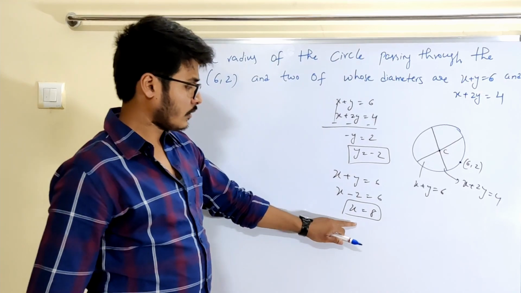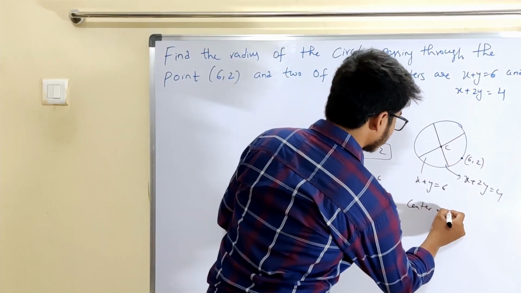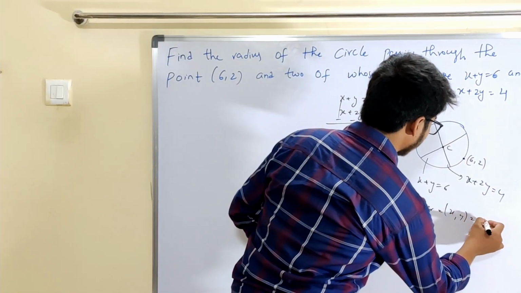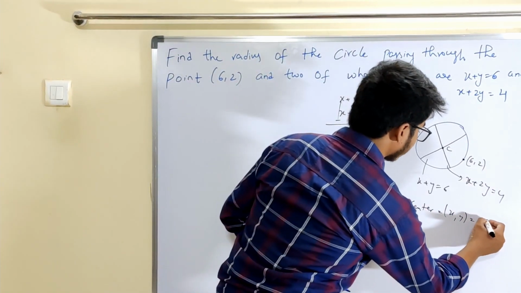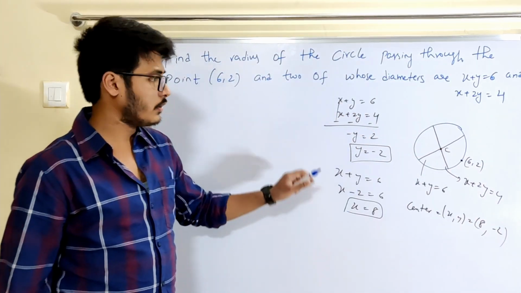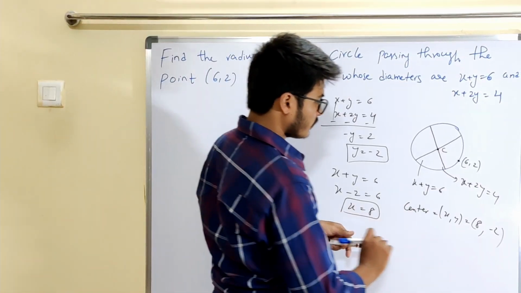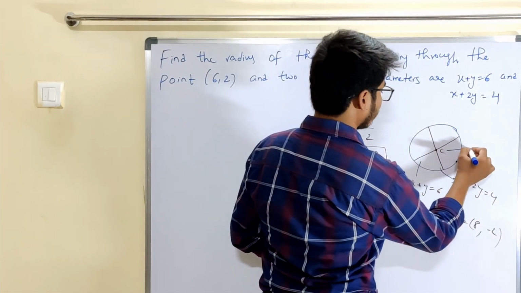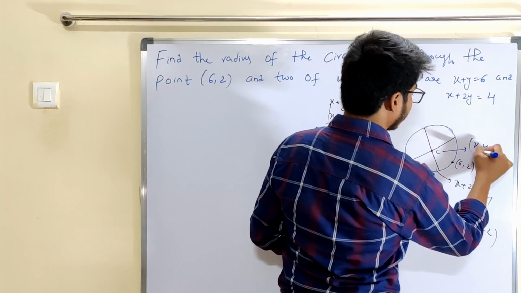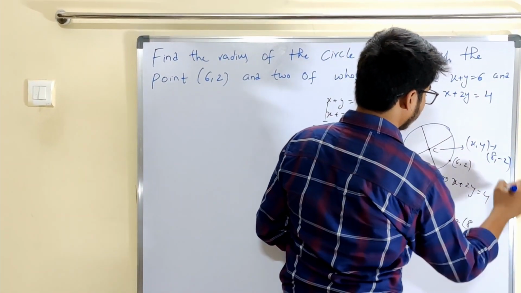So center x comma y is equal to 8 comma minus 2. So by solving these two diameter equations we get the center, and the center here is 8 comma minus 2.